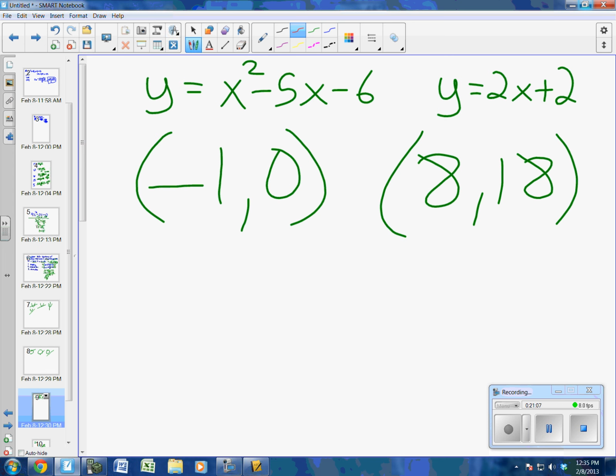Using substitution. You guys know how to use substitution. In substitution, what do you do? You can solve for y and substitute in for your other y, right? So guess what? This is y, solve for y, and that's solve for y. So what can I do, Sam? Yeah, I can just write x squared minus 5x minus 6 equals 2x plus 2, can't I?